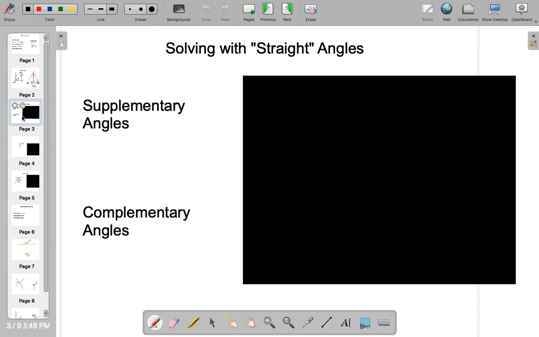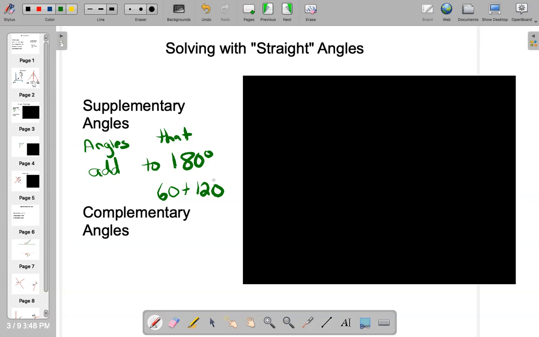Now, when I'm working with straight angles, which is kind of the first big skill you see in a tangled web, we need to remember some vocabulary that hopefully you've seen a little bit before at this point in your life. Supplementary angles are angles that add to 180 degrees. So if I have an angle of 60 and an angle of 120, they would add up to be supplementary.